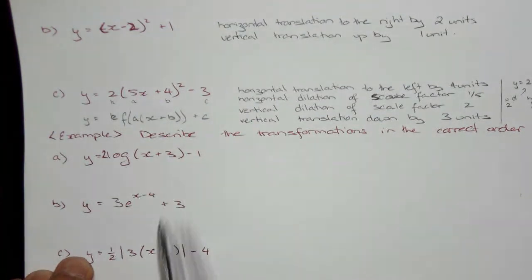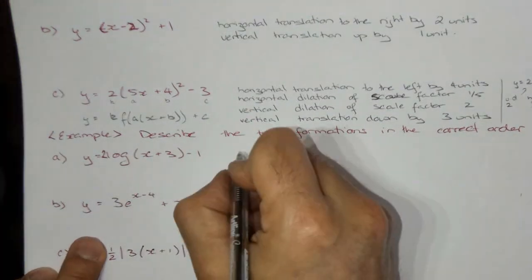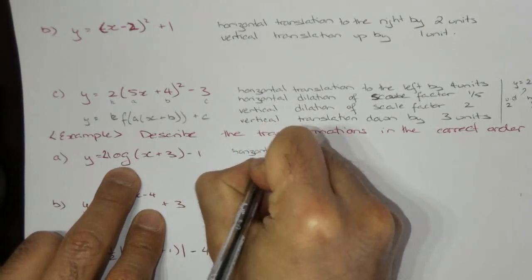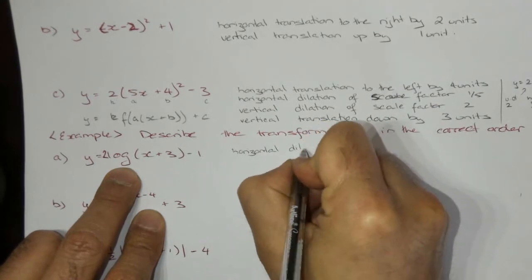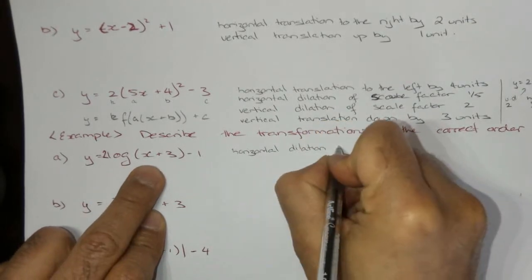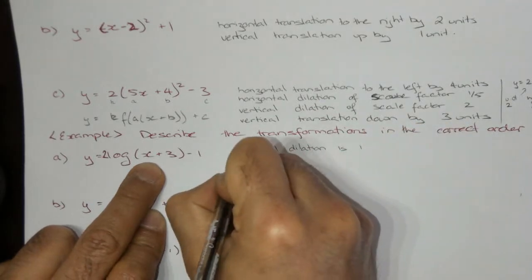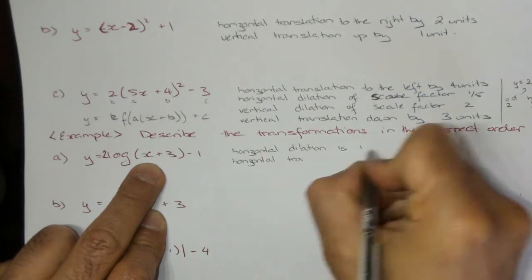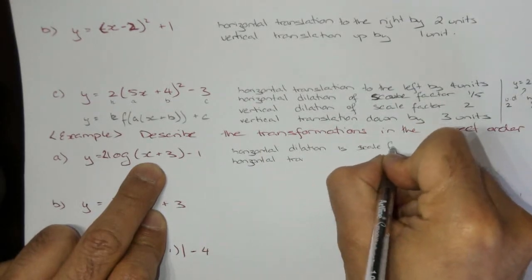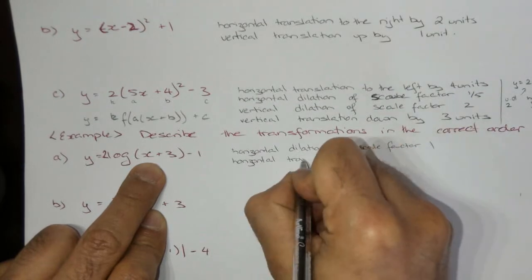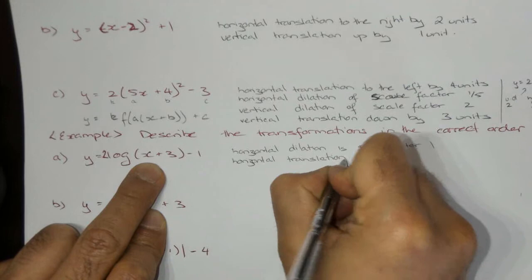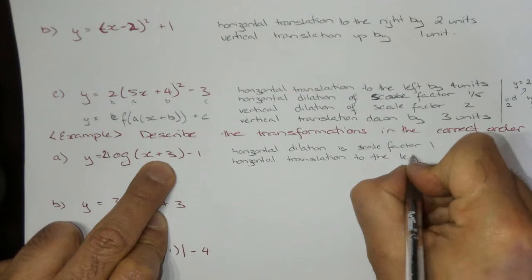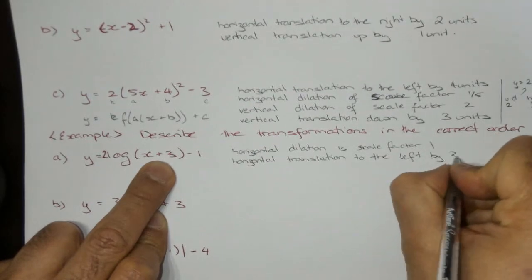Yep, so the scale factor is 1/2, so that's not going to really bother. So we're going to do a horizontal dilation. Really is 1. So it doesn't matter, we didn't have to write that down. A horizontal translation to the left by 3 units.